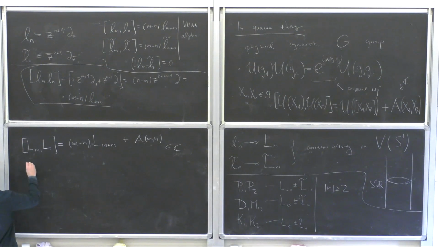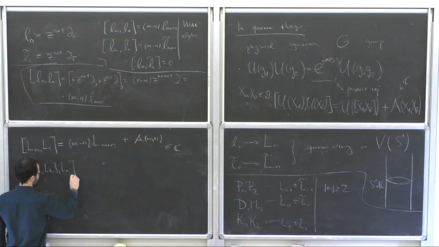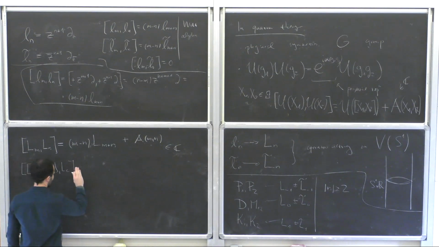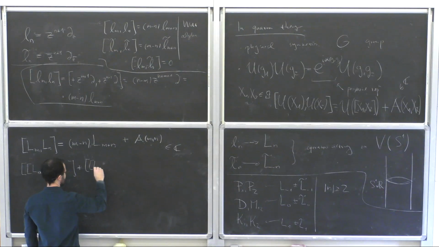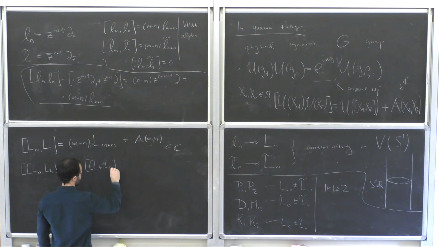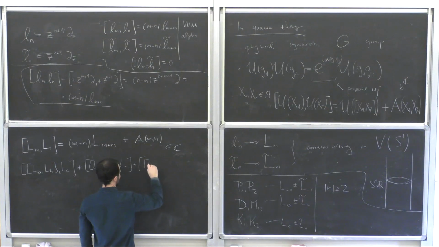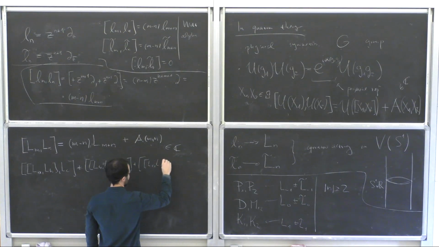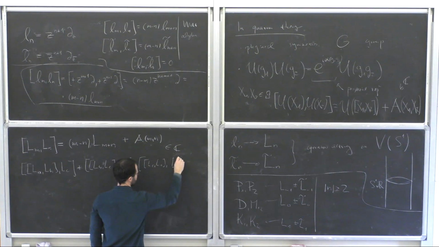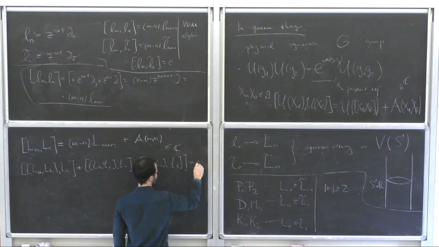There's an important property of the commutator: [L_A, [L_B, L_C]] plus [L_B, [L_C, L_A]] plus [L_C, [L_A, L_B]] is equal to 0.